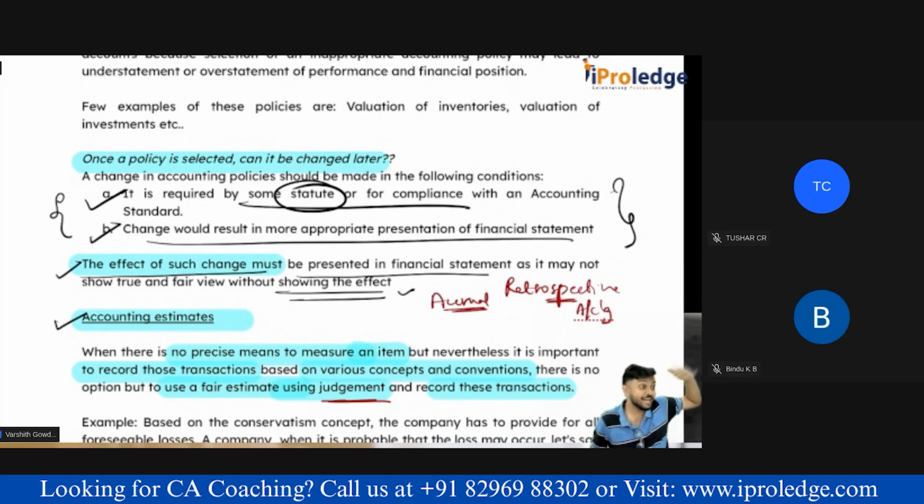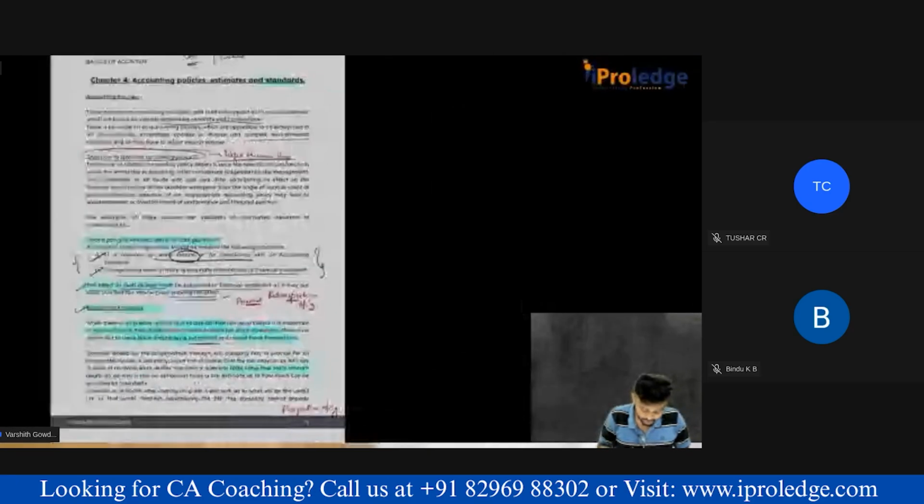So it's a tedious process. So for change in accounting policy, we do retrospective accounting, and for change in accounting estimate, we do prospective, because estimates are bound to change. Why see back? We'll do prospective. Okay. That is about your accounting estimates and policies.